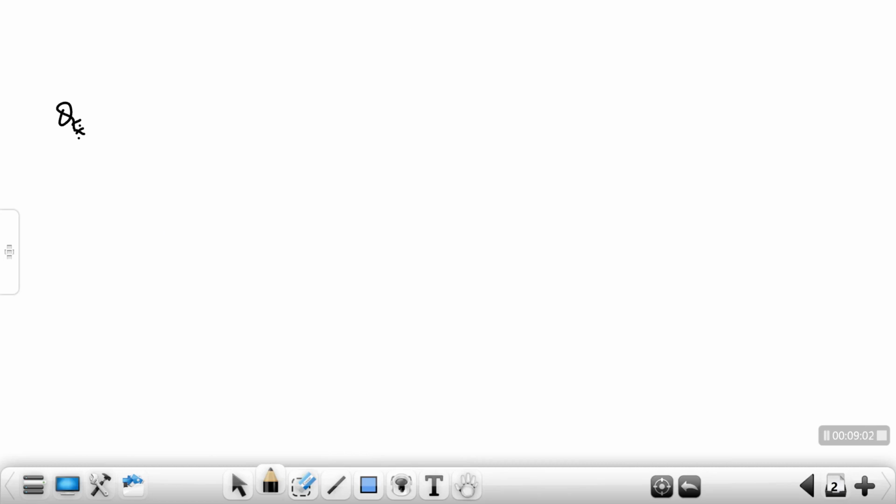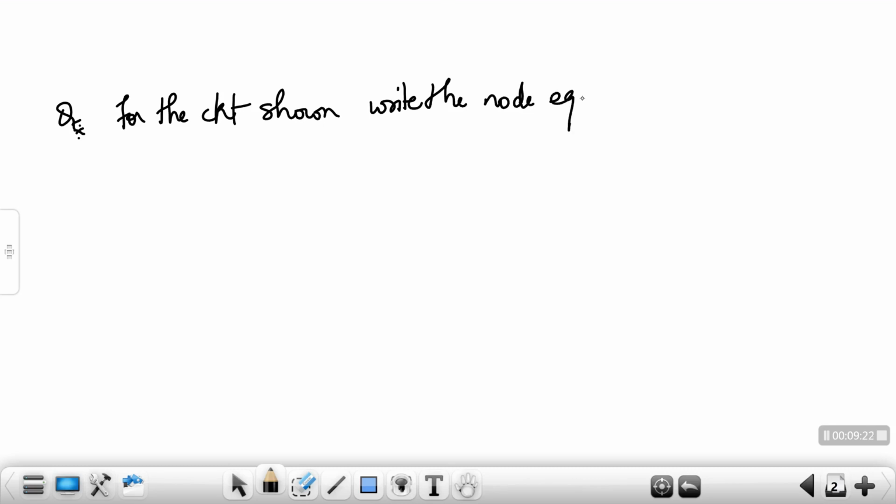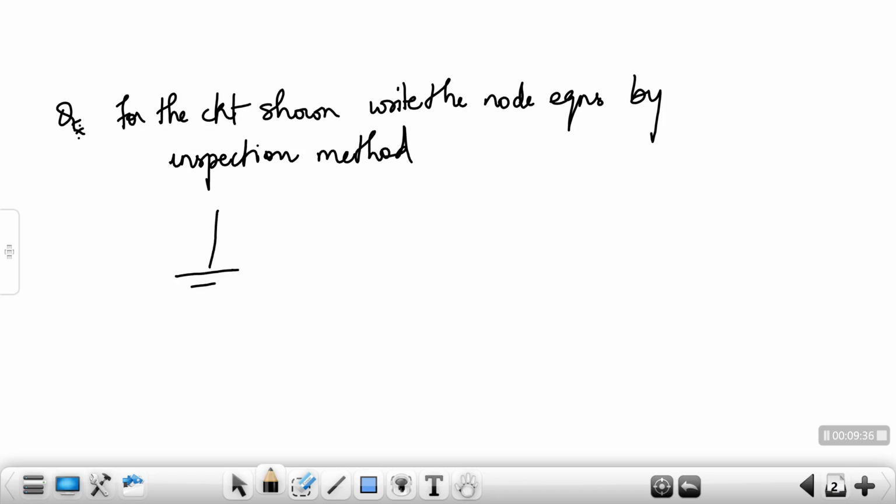Question: for the circuit shown, write the node equations by inspection method. Draw the circuit diagram.